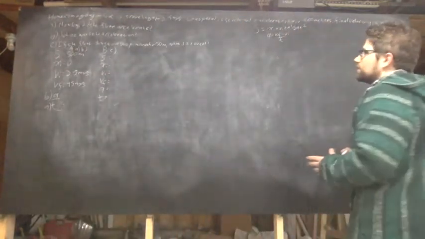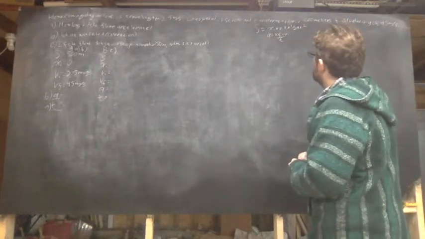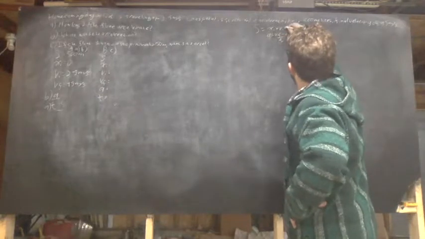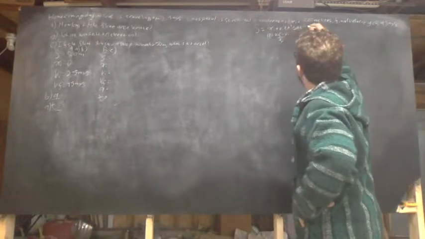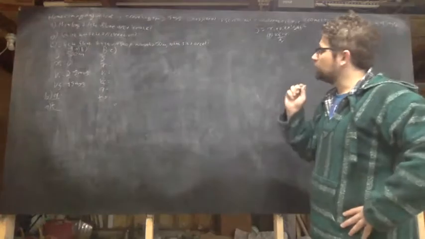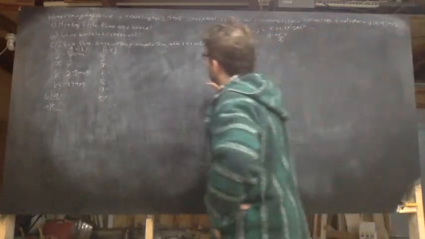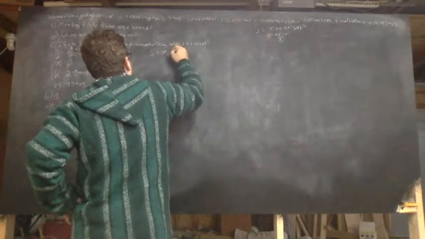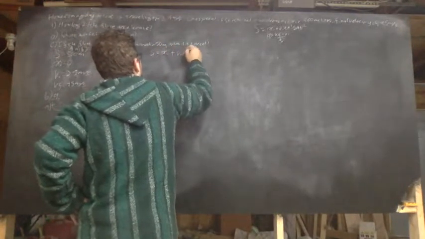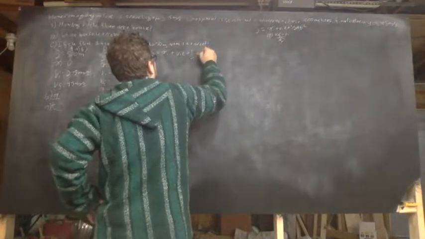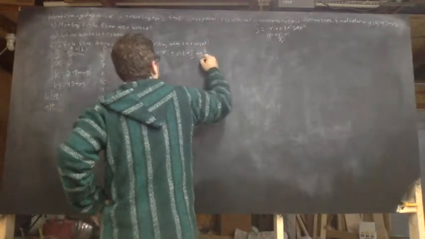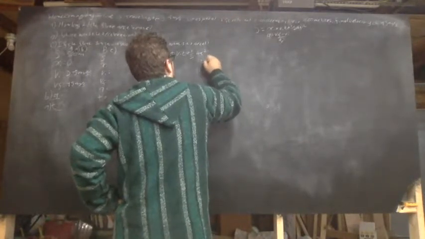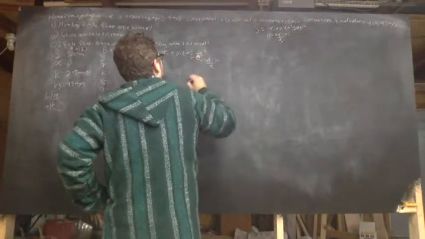So we're going to set this up the same way we set up the last problem. We've got all of our variables except for A and T, which is going to prevent us from solving anything directly. So we need to set up an S equation that substitutes the A. S equals xi plus vit plus 1/2 at squared, and we're going to say A is equal to Vf minus Vi over T, and we're going to put that in right there.